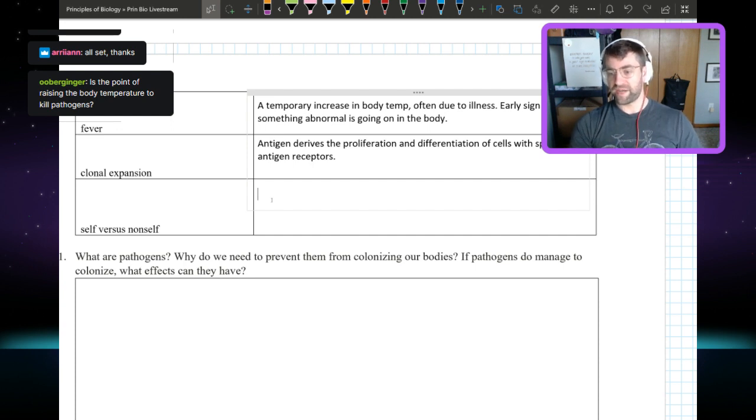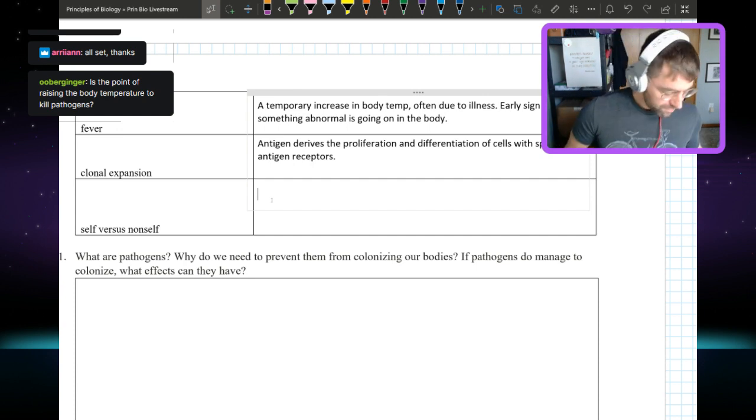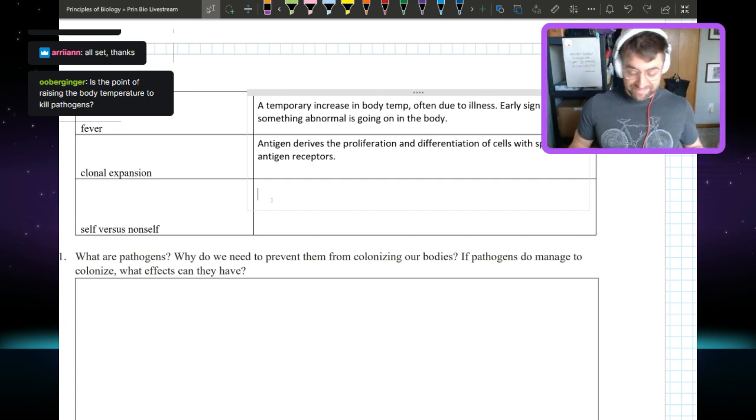Is the point of raising the body temperature to kill pathogens? So, simple question with a very complicated answer. In a word, yeah, we think so. That's part of it. I don't know is the longer answer.